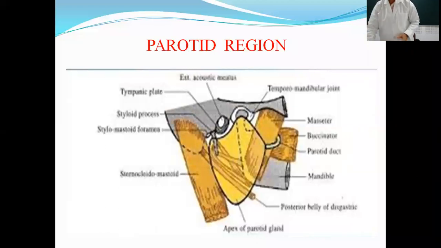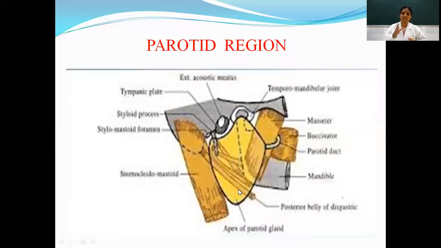So what is this parotid region actually? The parotid region is a fascia-lined space which presents a bed for the parotid gland. Exactly within this space we can see the parotid gland. What is the fascia lining here?